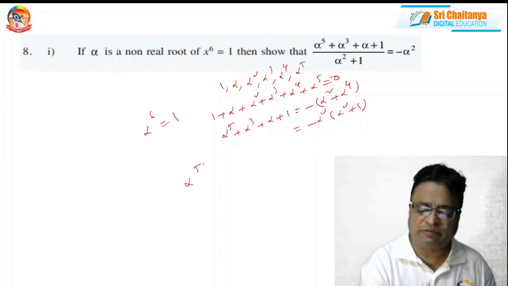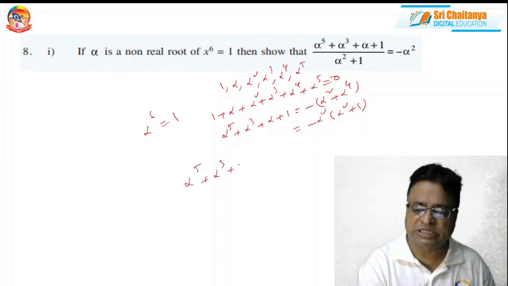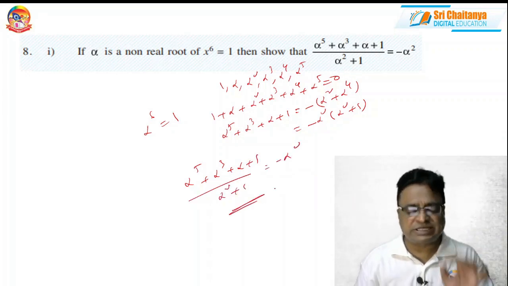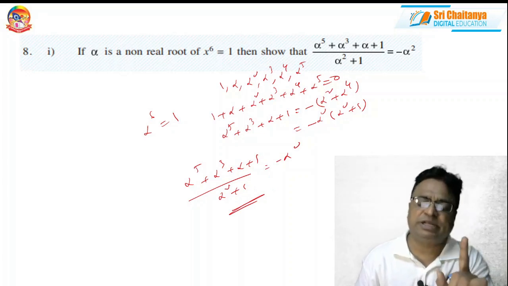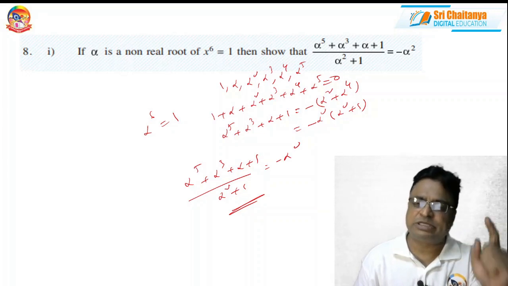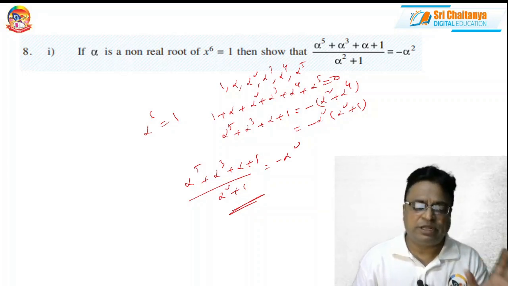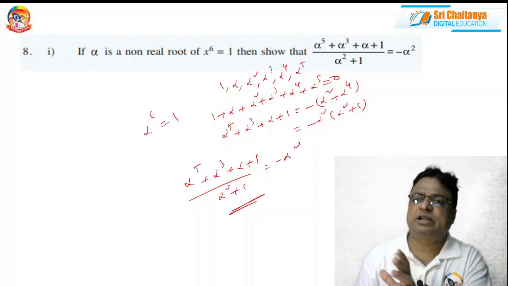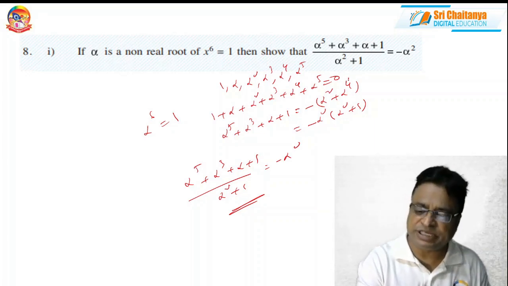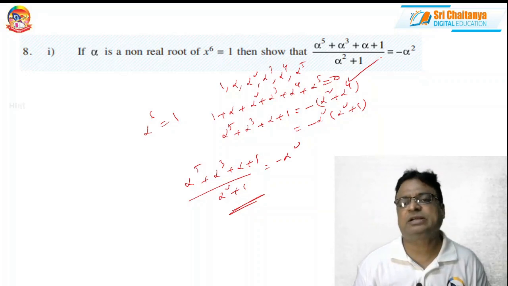So my answer is (alpha power 5 plus alpha cube plus alpha plus 1) by (alpha square plus 1) equals minus alpha square. Very simple. Here I have applied only one funda: if alpha is the sixth root of unity, then alpha power 6 is equal to 1. And moreover, the sum of the sixth roots of unity is 0. Just apply that fundamental and you can get the answer.